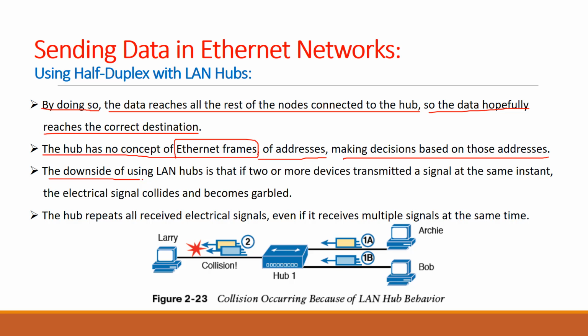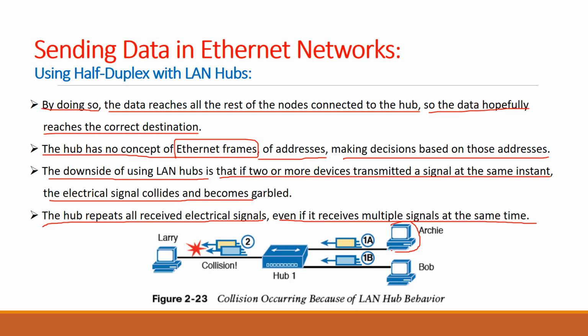The downside of using LAN hubs is that if two or more devices transmit a signal at the same instant, the electrical signals collide and become garbled. The hub repeats all received electrical signals, even if it receives multiple signals at the same time. This is the concept of the hub. Let's give an example here.